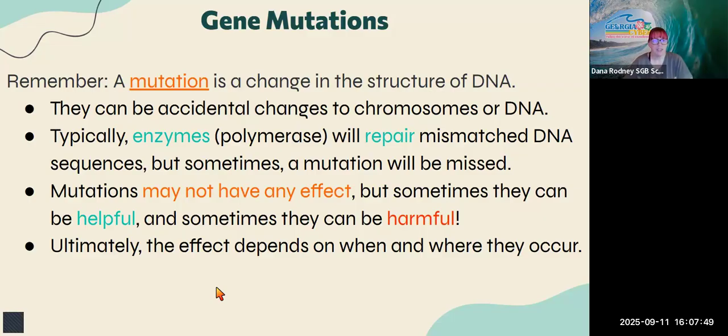However, sometimes the mutations can be missed. Mutations can be what we call silent, meaning they don't have any sort of an effect. They don't change anything. Sometimes they can be beneficial. They can be a good thing. And sometimes they can be harmful and they can hurt us. Ultimately, the effect of a gene mutation really depends on when and where they occur and if they're fixed.